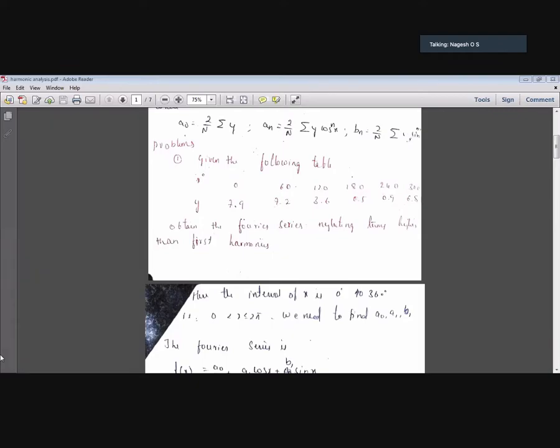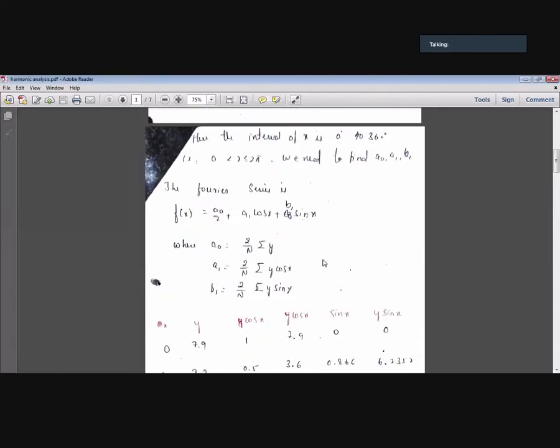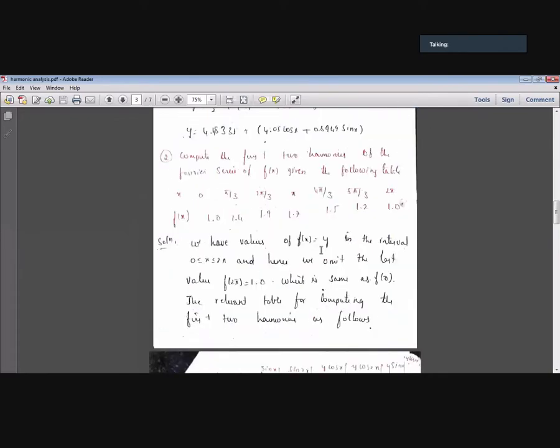Given the following table, x 0, this one.